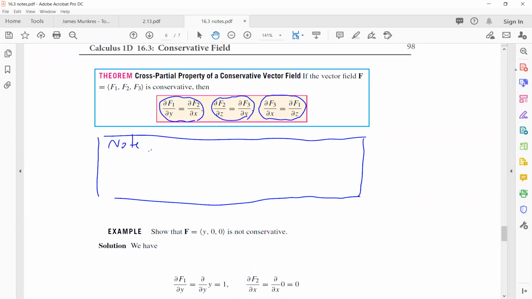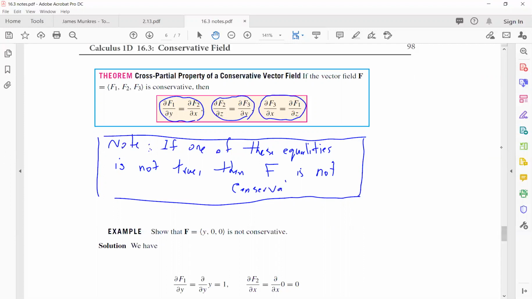Note, if just one of these equalities is not true, then f is not conservative.